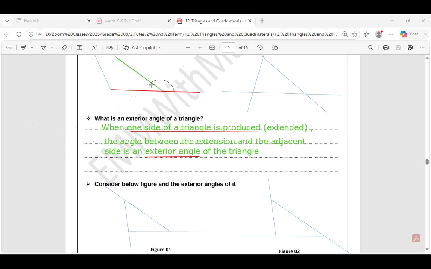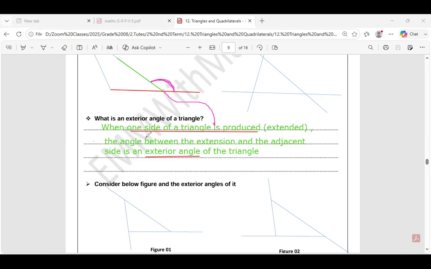So the angle between the adjacent side and the produced side, what is that? This is the angle in between the adjacent side and the extended side. This is the side produced.